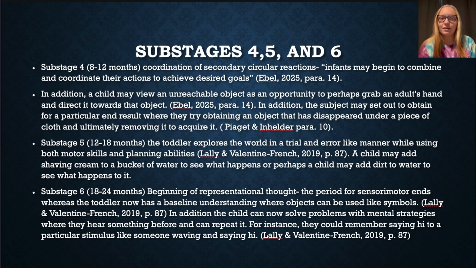In Piaget and Inhelder's book, The Psychology of the Child, they state, the subject sets out to obtain a certain result, independent of the means he is going to employ. For example, obtaining an object that is out of reach or has just disappeared under a piece of cloth or a cushion.